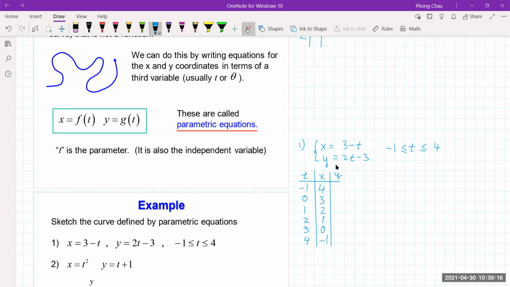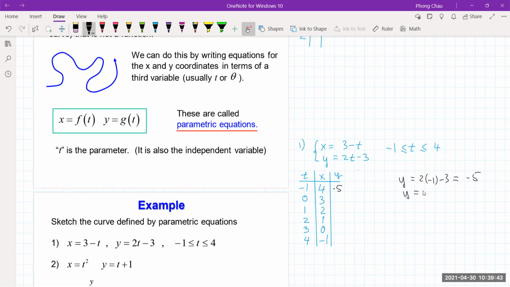Likewise, for the y function, this is the second formula down here, and you plug in -1. I can do it quickly on the side. For y, it's 2 times -1 minus 3, and -2 minus 3, I got -5, so that is -5 for y.